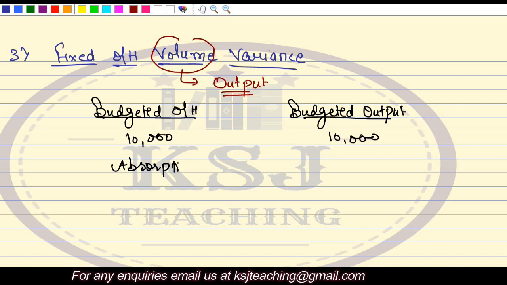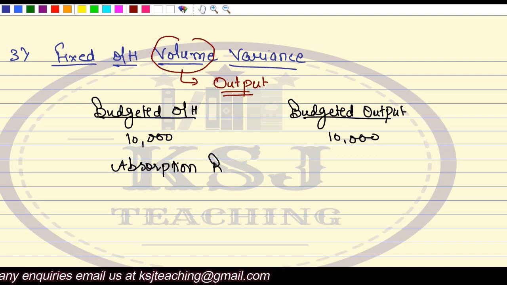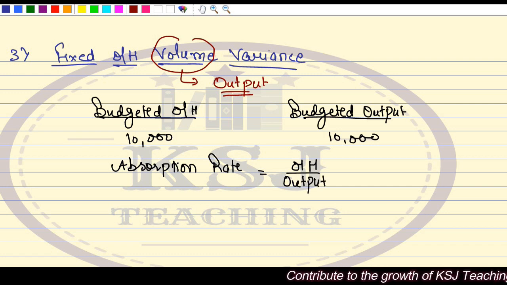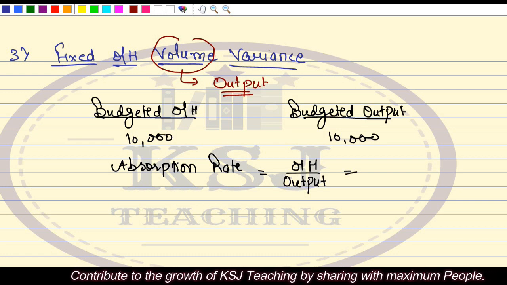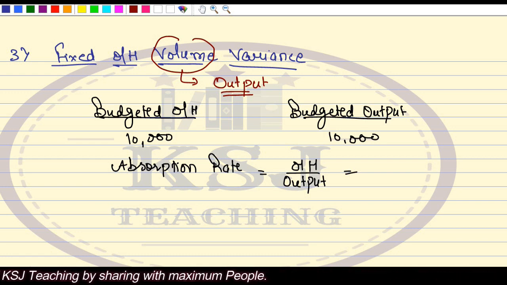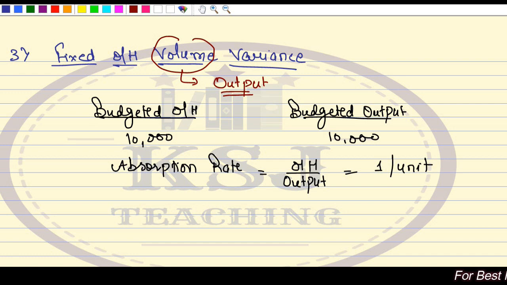Absorption rate is budgeted overheads divided by budgeted output. This is what we have learned in the chapter of overheads. How to calculate the absorption rate, the budgeted overheads divided by the budgeted base. The base in this case is output. So it is 1 rupee per unit, right?